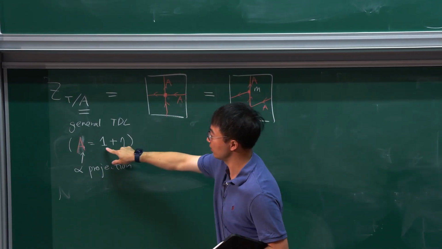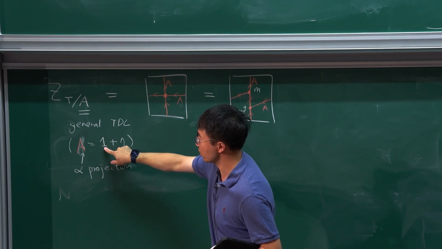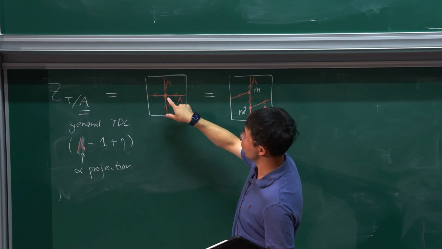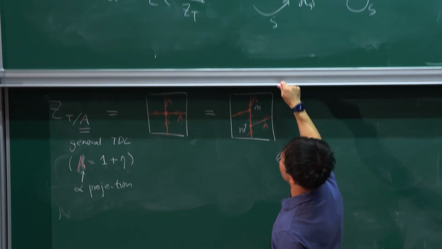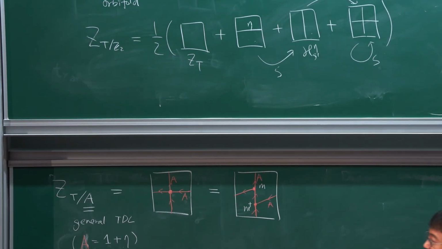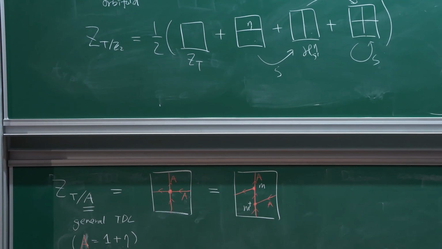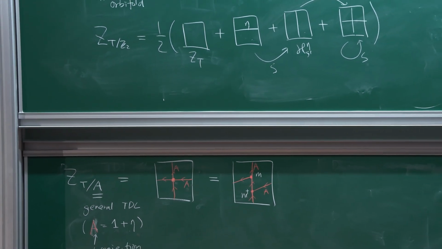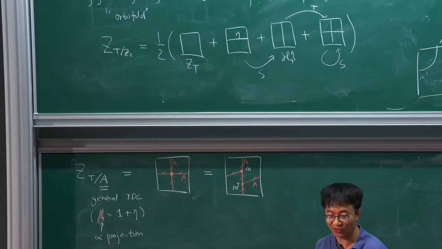A distributes into either inserting 1 or eta, so there are 4 possibilities already from this diagram. And the choice of this junction specifies the coefficient of each block. Basically, the fact that only A appears in the middle follows from the fact that A is a projector, A squared is A. So that's consistent.